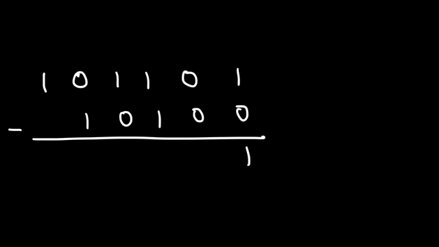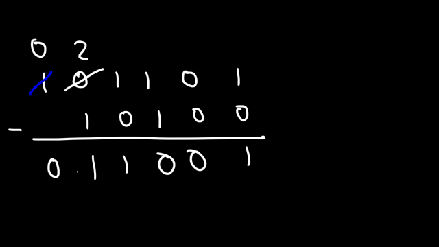And then for the second column, we have 0 minus 0, which is going to be 0. And then we have 1 minus 1, which is 0. And then 1 minus 0 is 1. Now we can't do 0 minus 1. So we're going to borrow a 1, making this a 0. And then this becomes a 2. 2 minus 1 is 1. 0 minus nothing is 0.